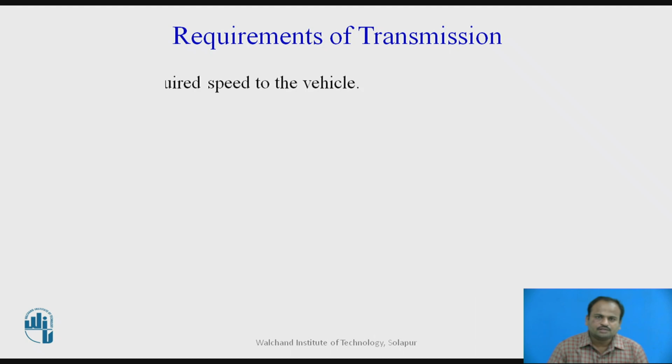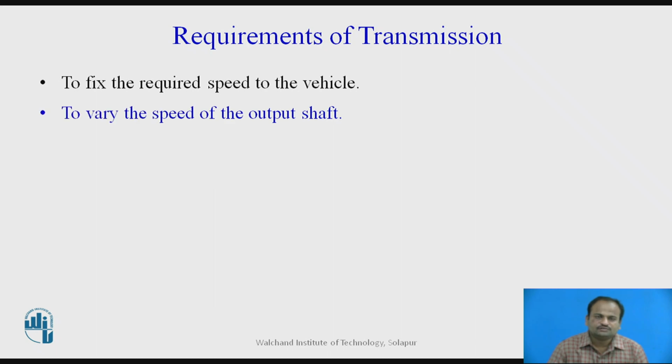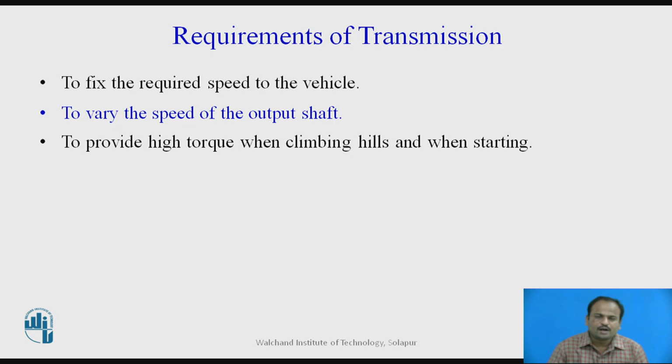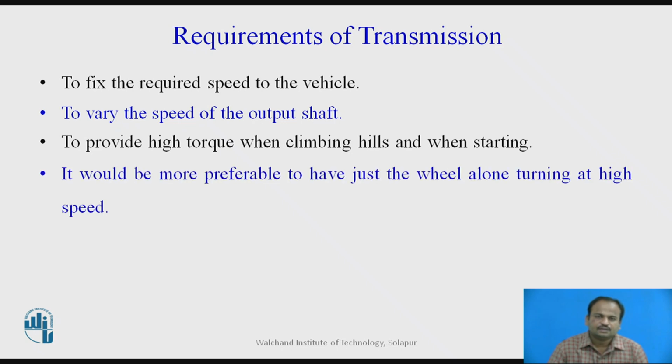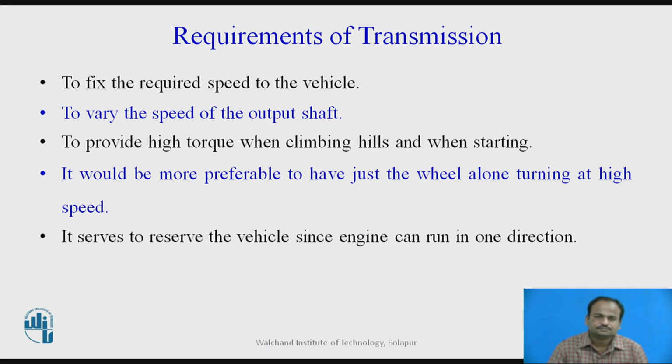Now we'll see the requirements. It should fix the required speed to the vehicle. It should vary the speed of the output shaft. It should provide high torque when climbing hills and when starting. It would be more preferable to have just the wheel alone turning at high speed.